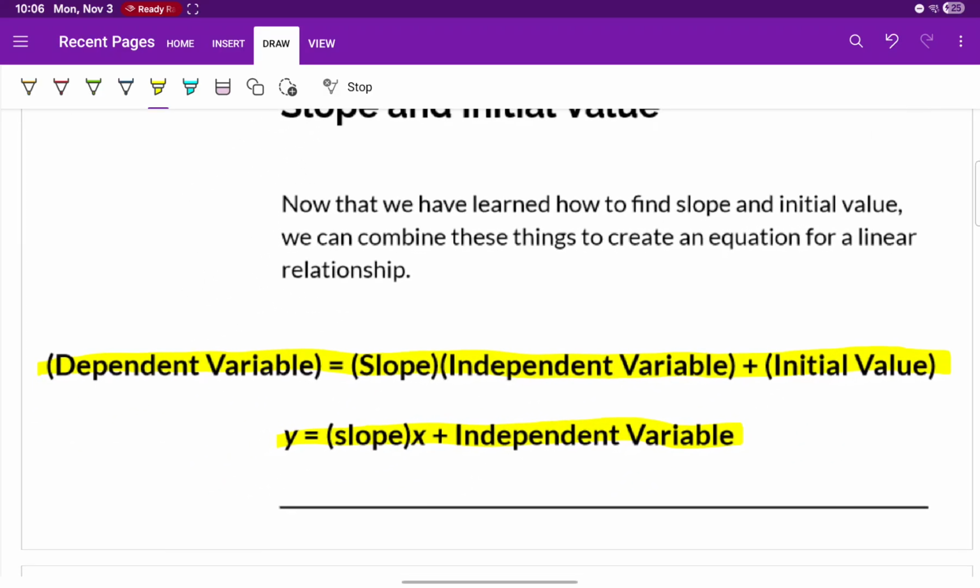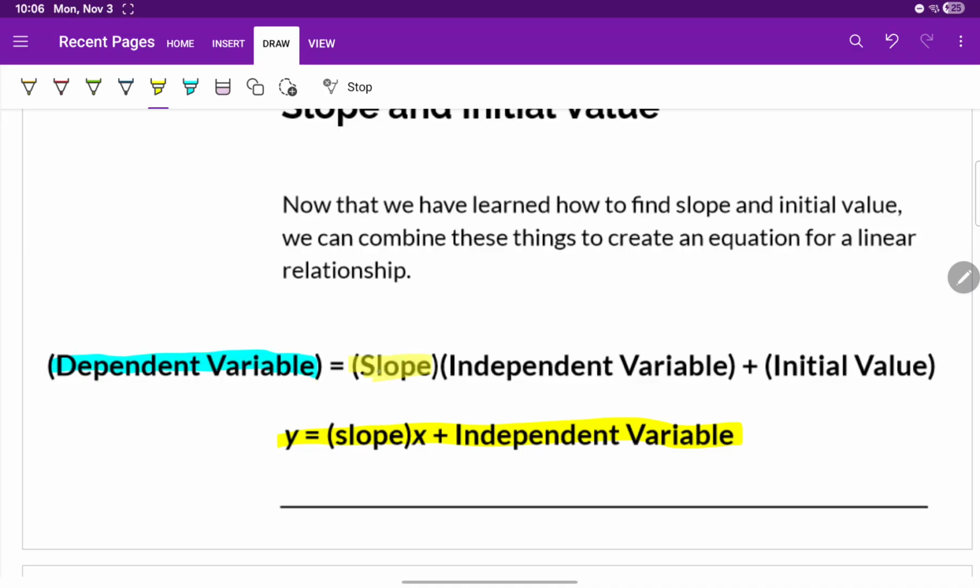And what you can see here is our equation. And what our equation says is that our dependent variable is equal to our slope times, right, this is multiplication, times our independent variable plus our initial value.